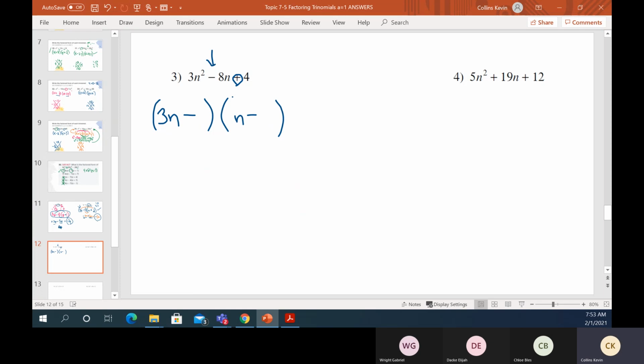Now we only have 2 possibilities for our numbers. We either need 1 and 4 or 2 and 2, because 1 times 4 is 4, and 2 times 2 is 4. Okay. So which ones do you think we ought to use?